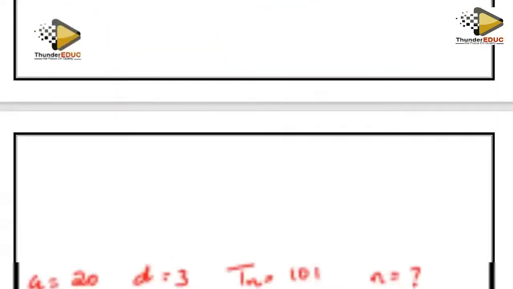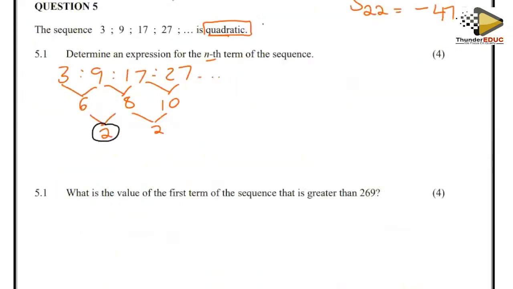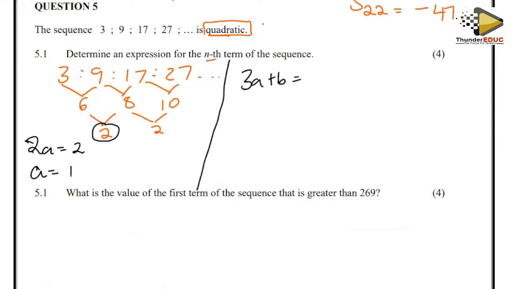So if that is true, our 2a is going to be the same as 2, and then solve for the value of a, which means a is a 1 when you divide both sides by 2. Then our 3a plus b is going to be equated to the first difference, which is a 6. But our a was a 1, so replace a with a 1 and then solve for b.